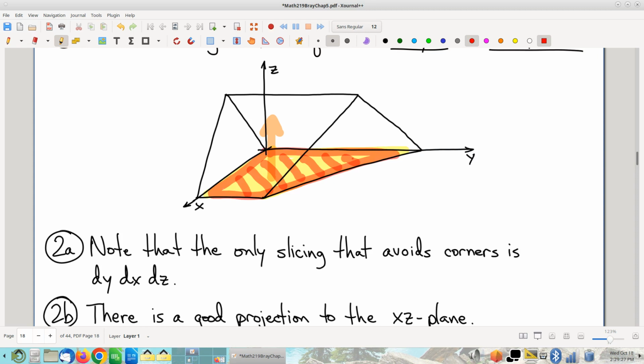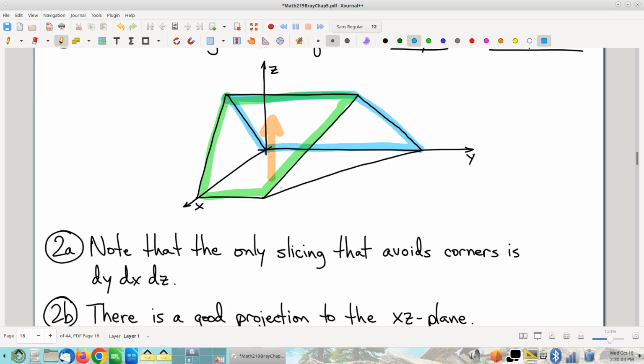But my upper bound for z is going to be on this face for some values of x and y, but it'll be on this face back here for other values of x and y. So this is what I would call a bad projection. Depending on where I am down here, my upper bound for z is on 2 different surfaces. We don't want that, right? This is a bad projection.